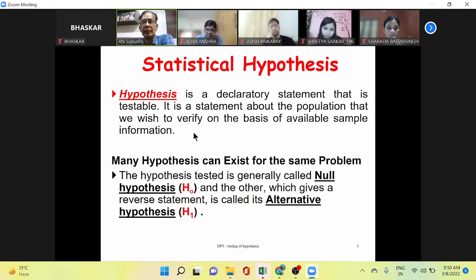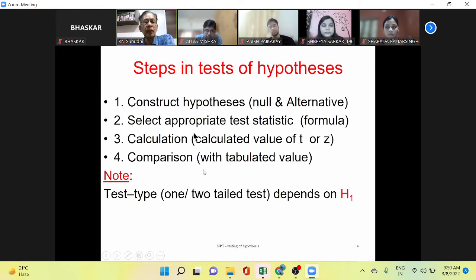Okay. As you recall, we have one hypothesis, which we discussed in the last class, a research statement, and this can be put in two ways: null hypothesis and alternative hypothesis. These are the steps I have been repeating many times. We have 4 steps. What are the 4 steps, Aliva? You have the hypothesis, use the formula, third, the calculated value, compare it with the tabulated value, then you conclude. How do we conclude?